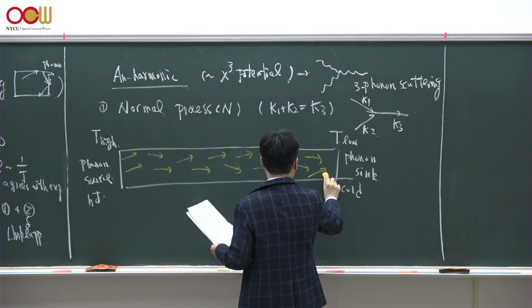Because the forward momentum flow is cancelled by the backward one, you get thermal equilibrium reached. This justifies that the Umklapp process, or the H3 process, is really important. Even though the harmonic potential is enough to give rise to the phonon energy and so on, to reach thermal equilibrium we do need the Umklapp processes.